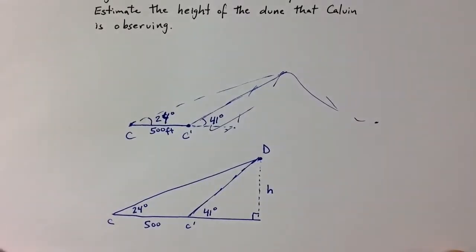It's a little bit complicated because I don't know enough about any one of these right triangles. It would be nice if I knew this entire distance, and then I could use the 24 degrees to find the height, but I don't know that entire distance. But the thing that's missing is exactly the amount of information that I need to work with the smaller triangle.